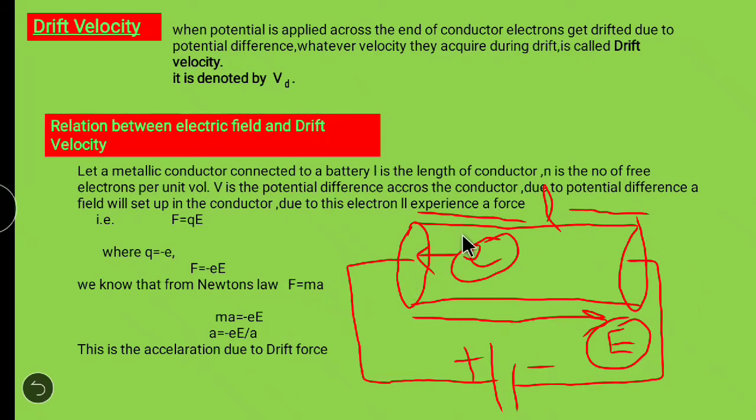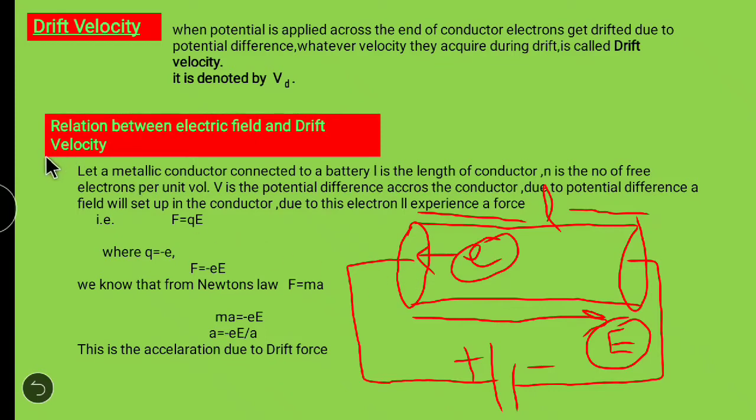So due to the potential difference or the electric field, they will feel a drift force, due to which they will drift towards the positive terminal of the battery. The velocity by which they drift, we will call drift velocity.